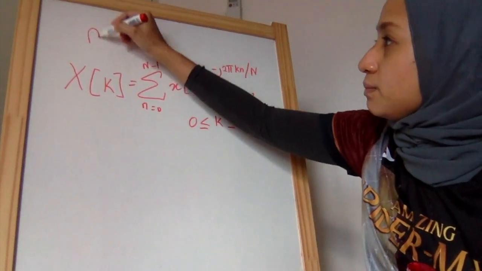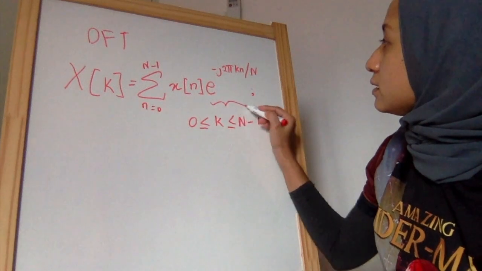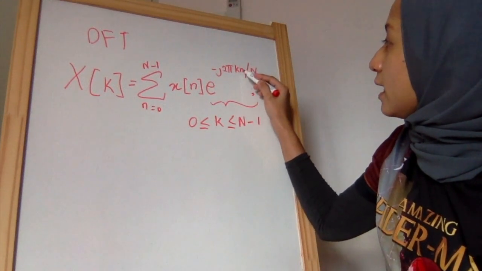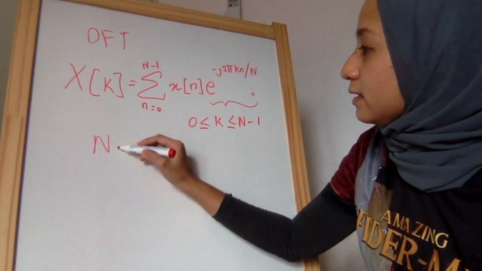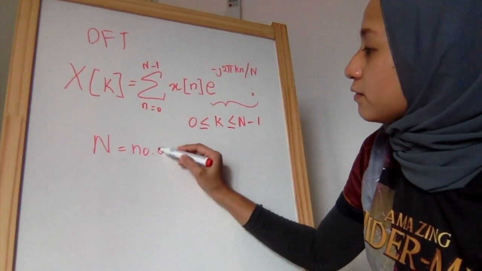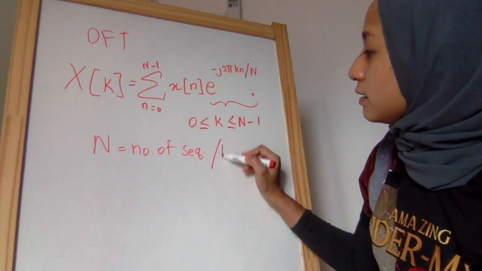In this part, you see exponent j2 pi kn over capital N. This capital N is the number of sequence, or the length of the sequence.